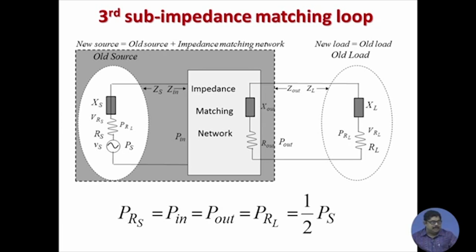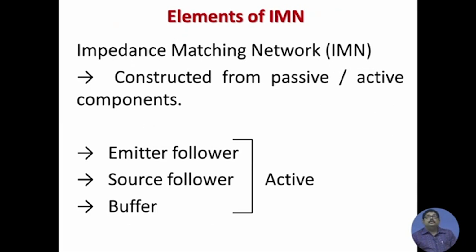Now, this impedance matching network, IMN, can be constructed from either passive or active components. There are good impedance matching networks that can be done with active elements, like transistor based emitter follower, source follower, buffer. They are the active element based IMN.